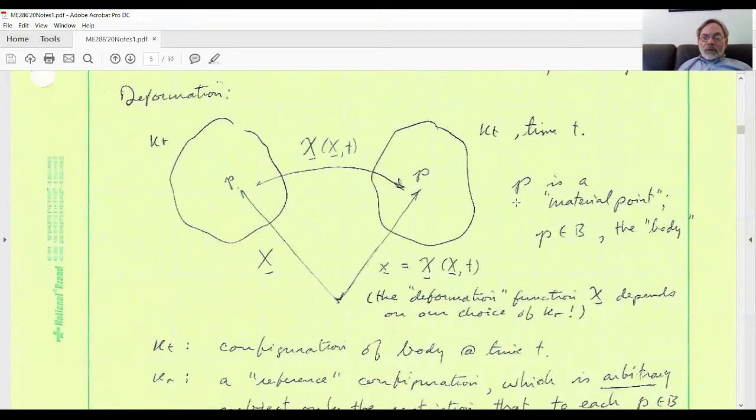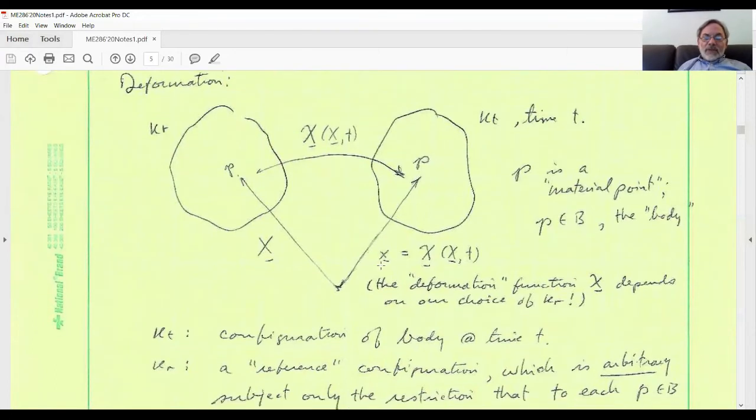And it's constituted with material points P, which have positions. Let's, for example, choose an origin in space. We can describe a material point by giving its position at time t. We can subtract from that position the position of the origin, and the result is a position vector. Okay, this position vector can be viewed as the difference of two positions.